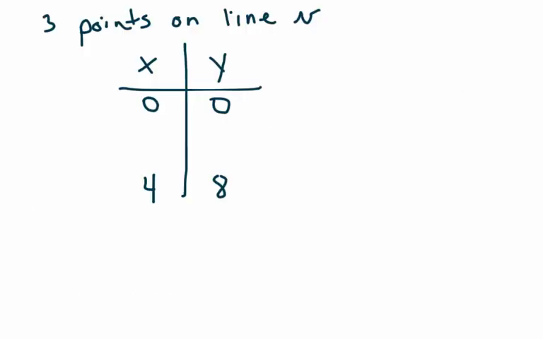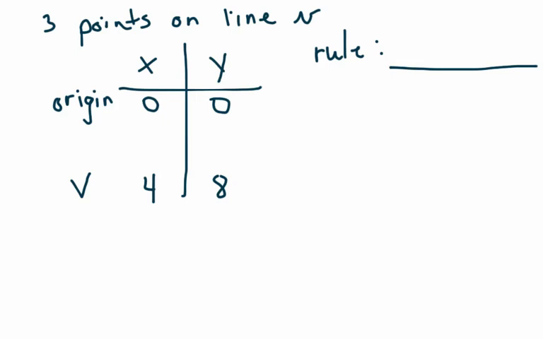So I'm starting to make a data table here, and we're going to try to find out what the rule is for our line V. Okay, so we just connected the origin, and we connected point V, which, just so you know, was 4, 8. Okay, so this one was point V right here. And this is the origin. So let's look at our numbers and see what the rule is.